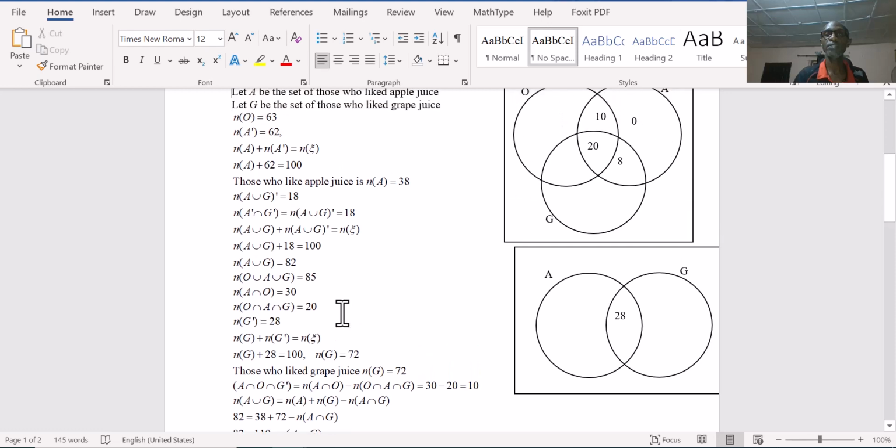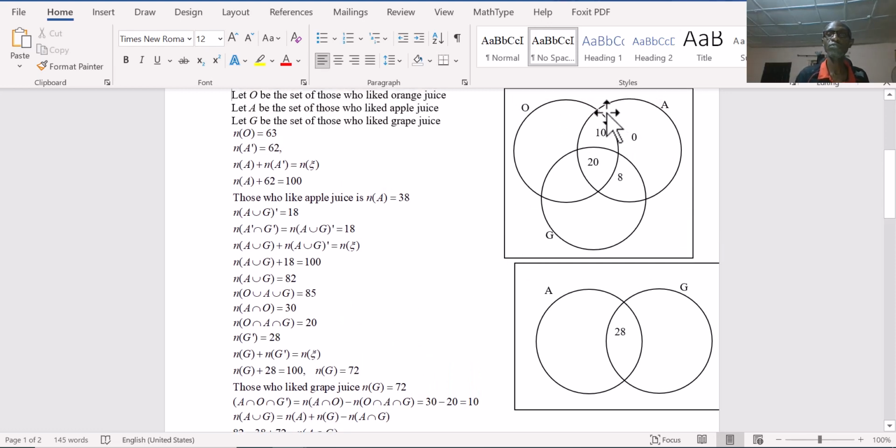What this implies is that O intersection G, everything in this circle, let me just change it so that you can follow along.